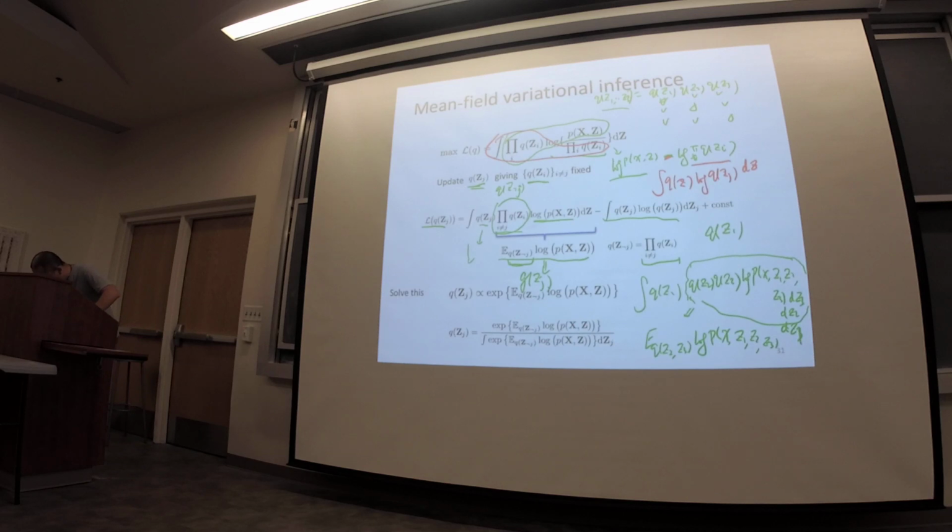Now you do the integration with Q of Z. Remember, Z is partitioned as Z1 to Zm. All the other variables other than Zj are just integrated out. We have Q(Zj) times the product of the other Q's, dZ. This is your Q of Z. They are factorized.